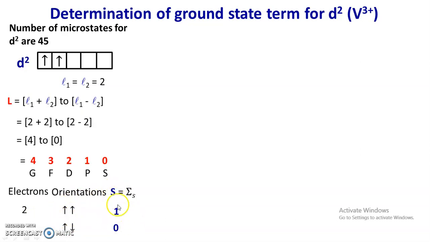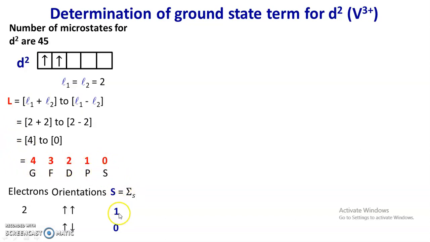In that case, the resultant spin quantum number will be 1, that is plus half plus half. Another possibility is a resultant spin quantum number of 0, that is plus half minus half. So these are the possible resultant spin quantum number values, 0 and 1, and these are the orbital angular quantum number values, that is L values 4, 3, 2, 1, 0.